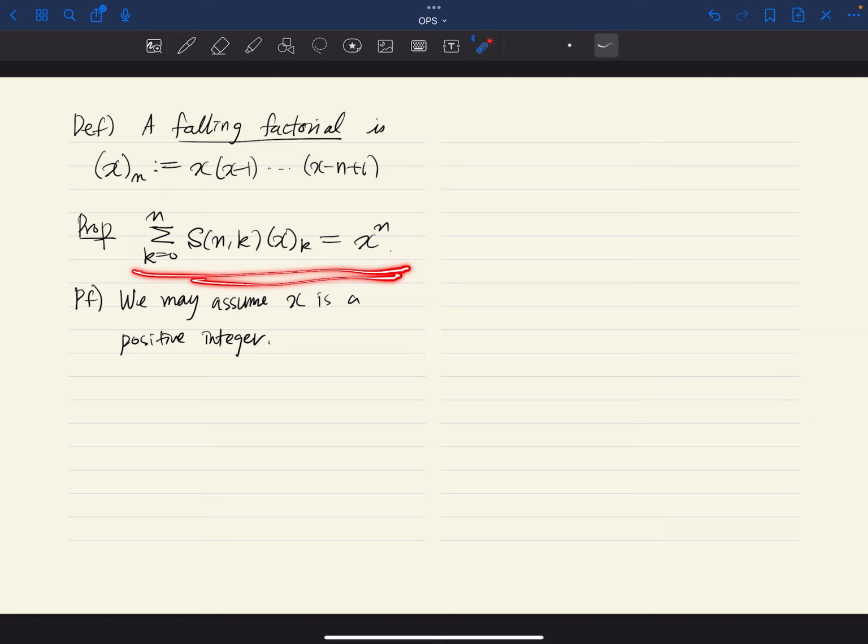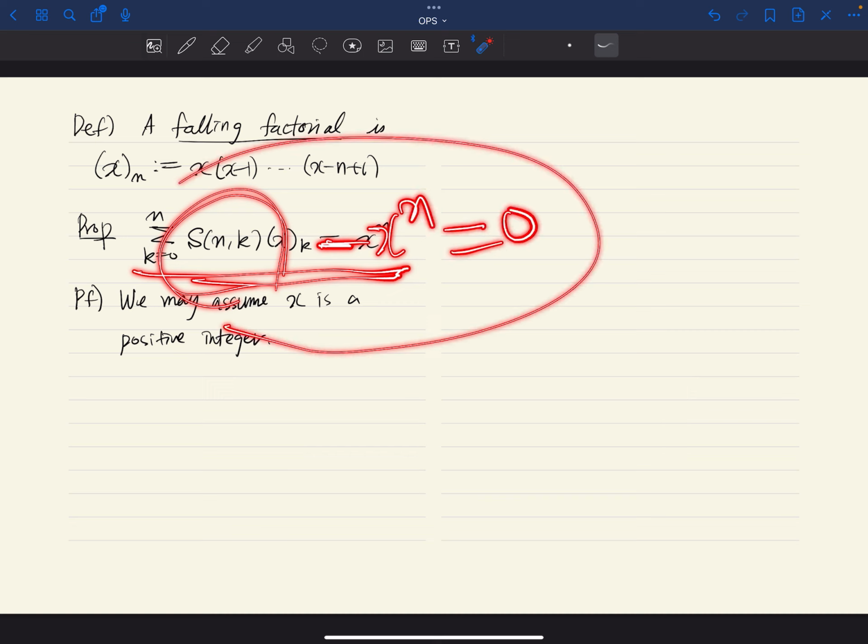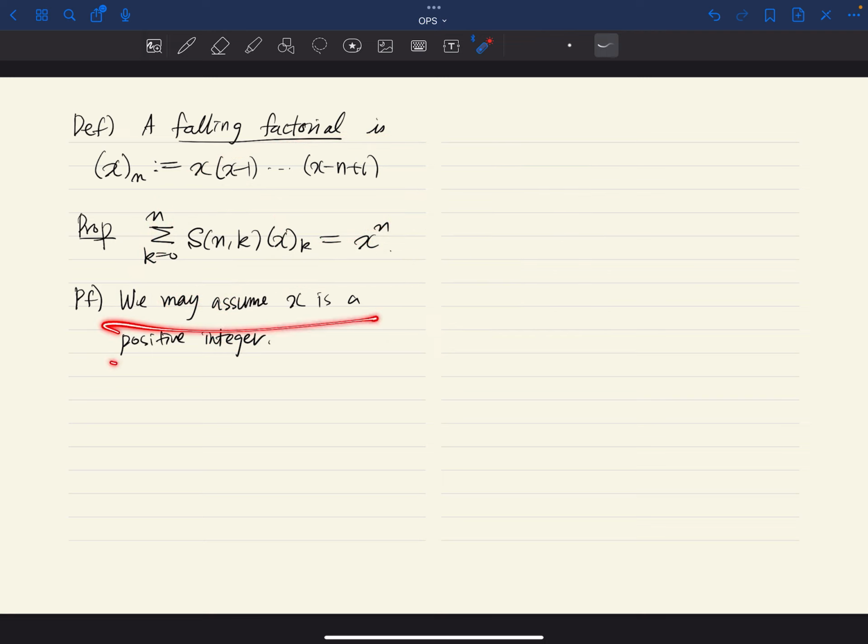That means this has infinitely many solutions. So subtracting this minus this has infinitely many solutions in x. It's only possible when the polynomial itself is 0. So that's why we may assume x is a positive integer, and then we prove this identity by counting things.